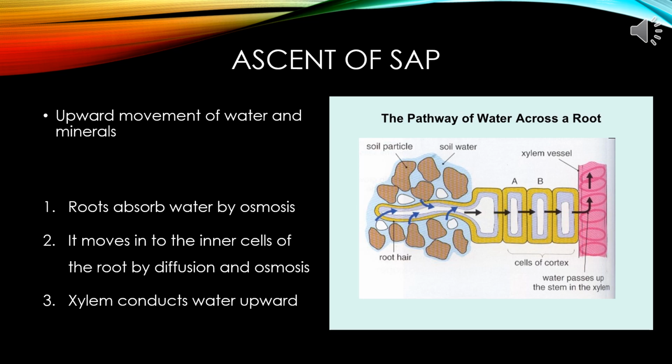This absorbed water moves into the inner cells of the cortex by cell-to-cell diffusion and osmosis and reaches the central xylem. This xylem continues upward into the stem and the leaves. The xylem transports the water to the upper parts of the plant. So this upward movement of water and minerals is called ascent of sap.